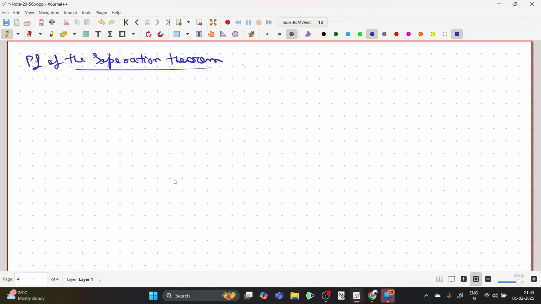Now, the obvious trivial case would be if K is the empty set, because if K is empty, then K plus V is empty, so there's nothing to prove. So we'll start our proof with K being non-empty.